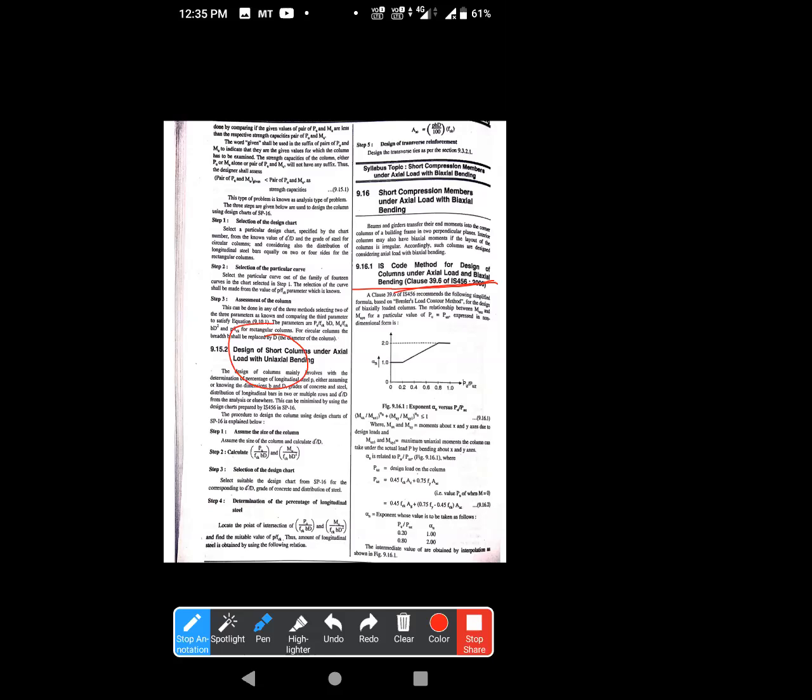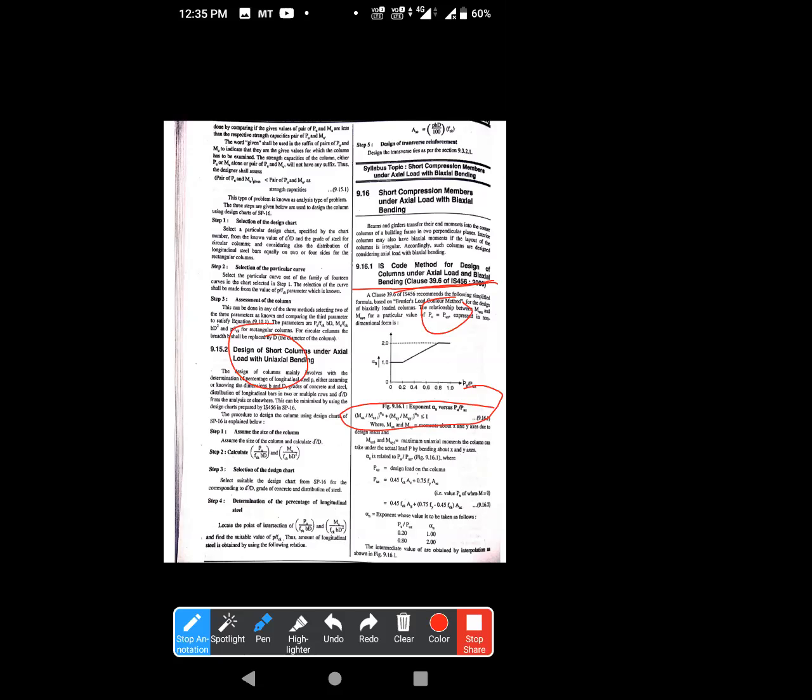Pu is equal to the relationship between Mux and Muy for a particular value of Pu, which is equal to Puz, expressed in non-dimensional form. This is the formula given in clause number 39.6.